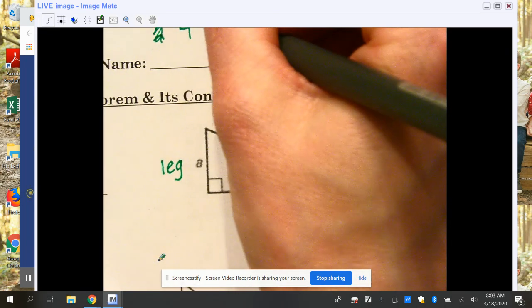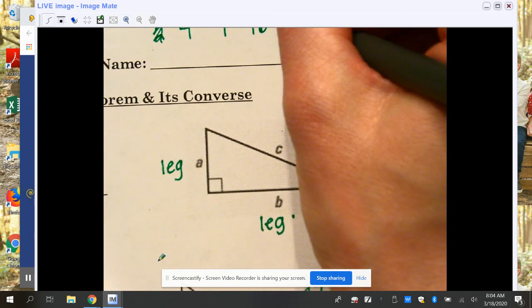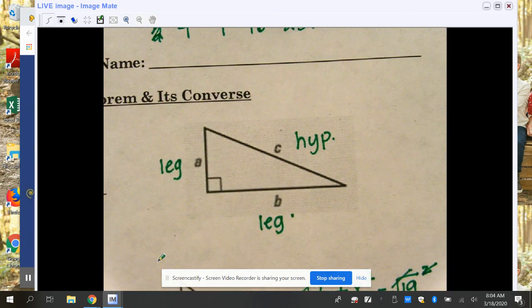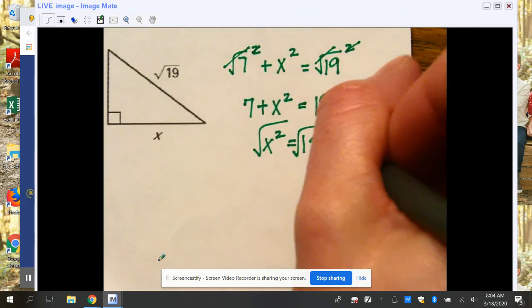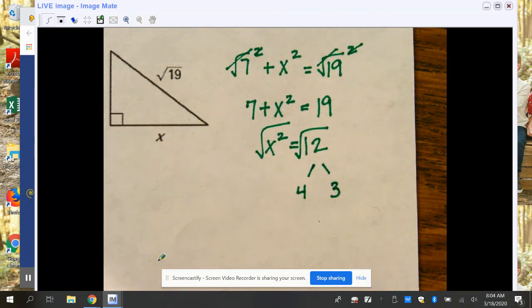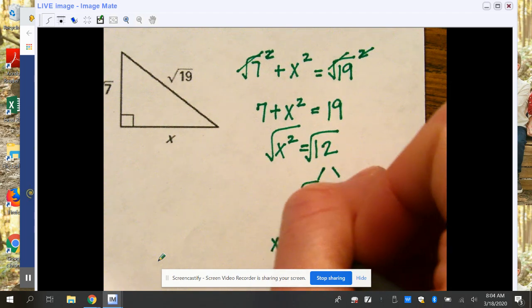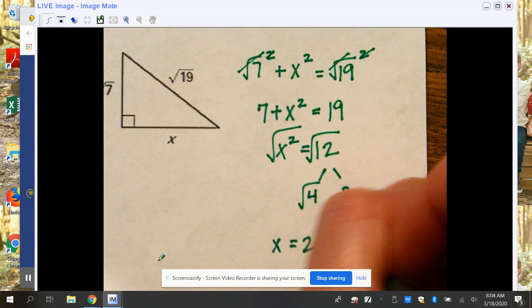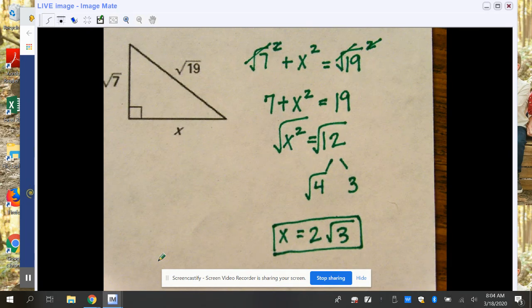So when I'm thinking about perfect squares that go into 12, I think of 4, and then 3 can't be broken down any further. So the square root of 4 is 2, and then I'm left with radical 3 underneath the radical. So this side would be 2 radical 3.